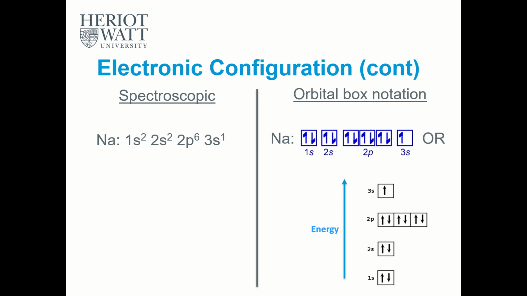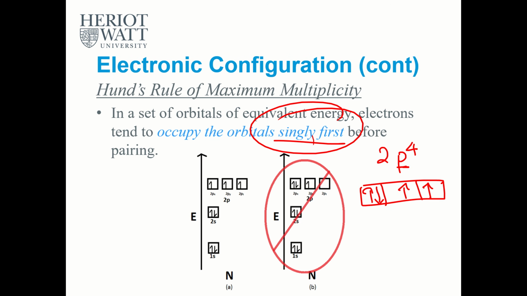And I've shown you what the SPDF notation, spectroscopic notation, is. The same thing, guys. So this is how you write for sodium, right? And another way of presenting electronic configurations in terms of SPDF will be in the orbital box notation, which is what we learn here, right?